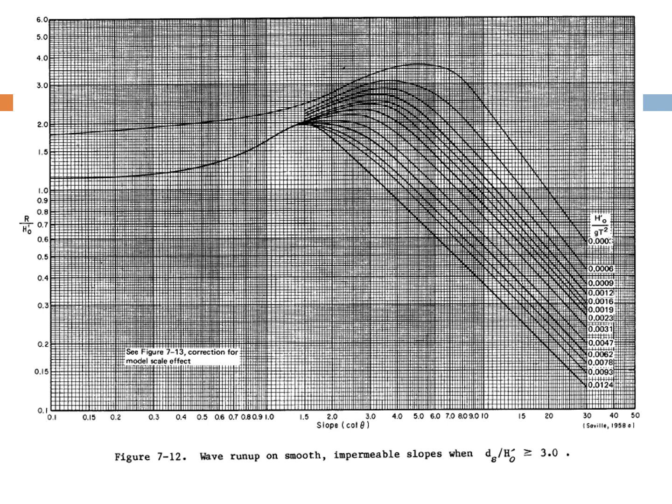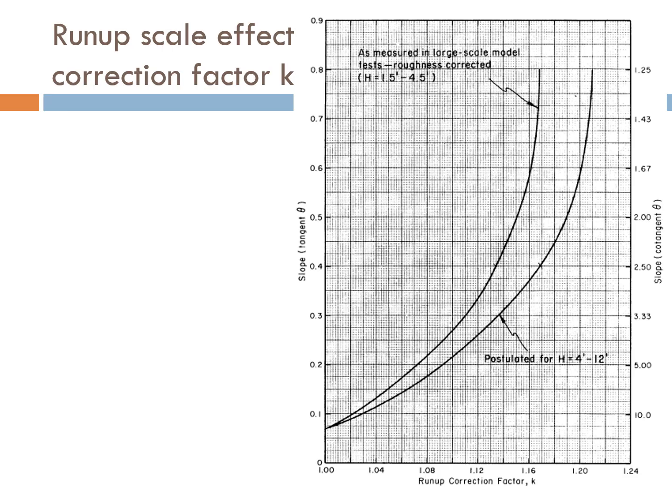This is actually the original plot of wave run-up on smooth impermeable slope with ds over h naught prime equals 2.0. This one is wave run-up on smooth impermeable slope when ds over h naught prime is larger than or equals to 3. This figure is for us to obtain the correction factor k for run-up scale effect.